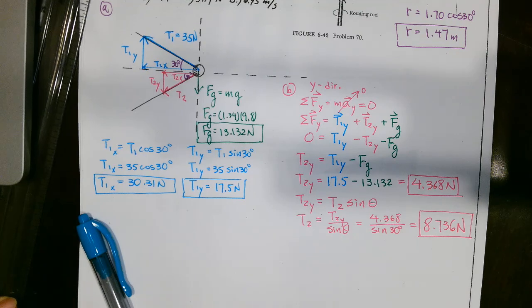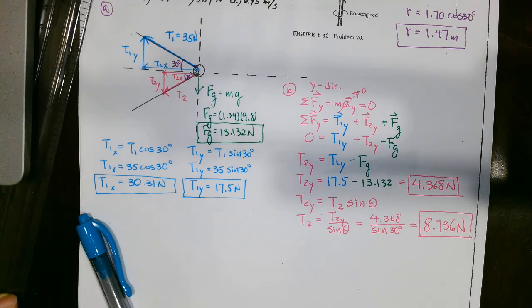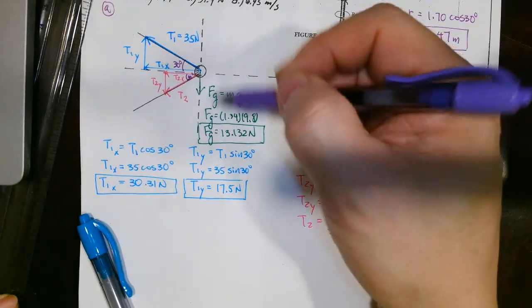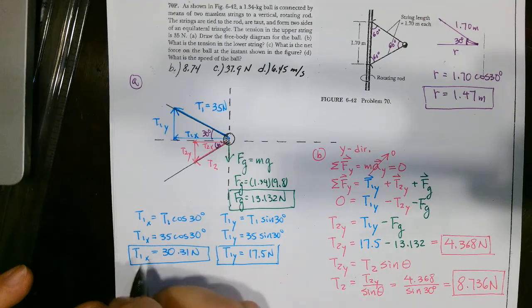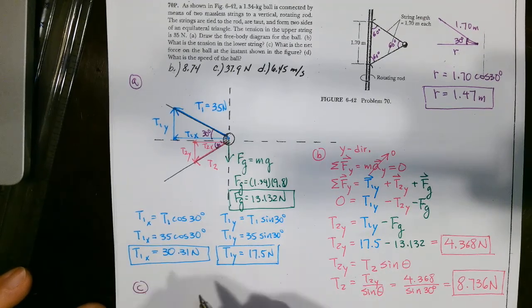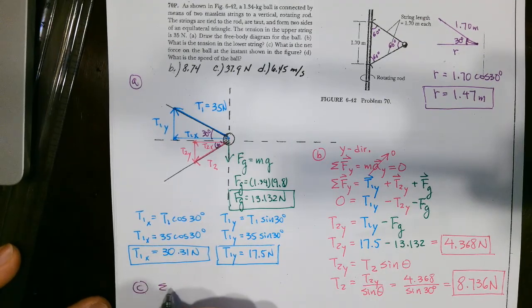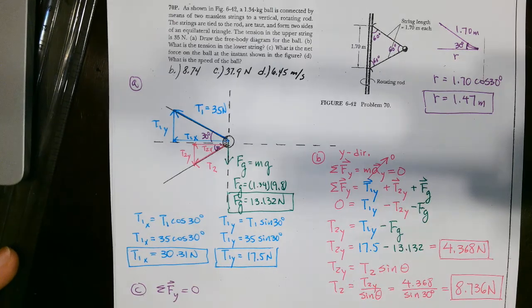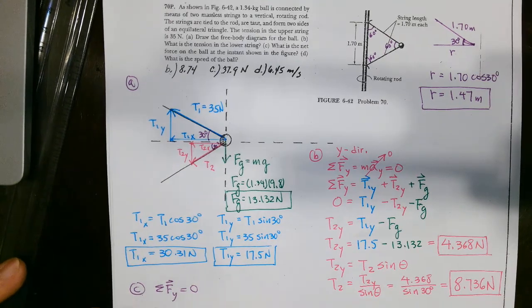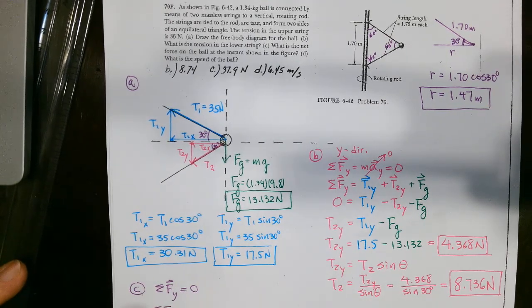And now, part C. What is the net force on the ball at the instant shown? Well, the net force vertically is 0, that's kind of obvious. So for part C, the net force in y is 0. We already established that right here. But what about the net force radially?